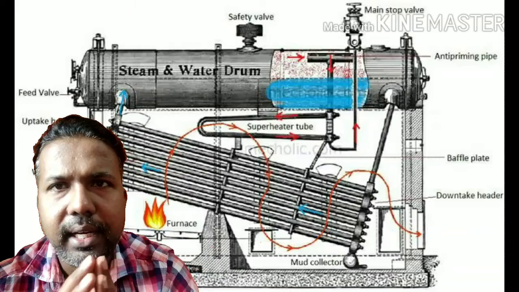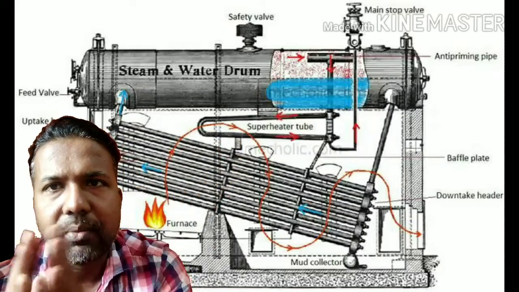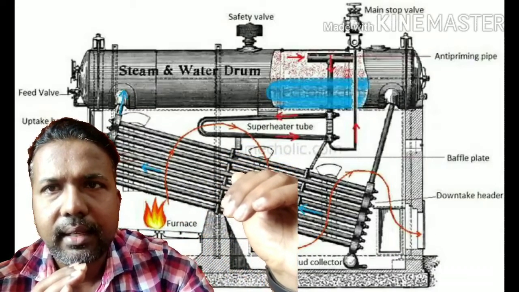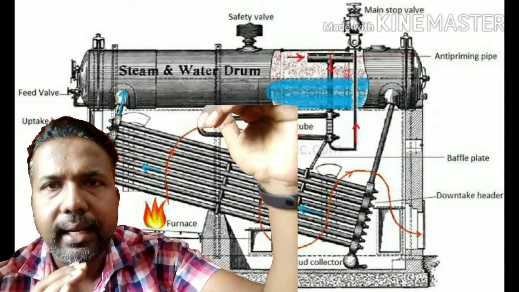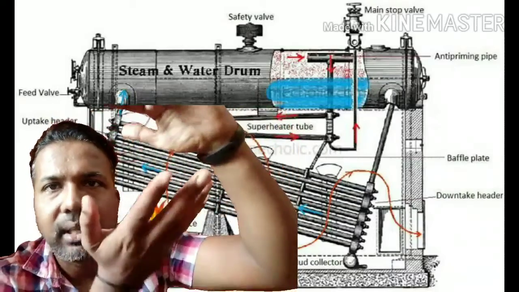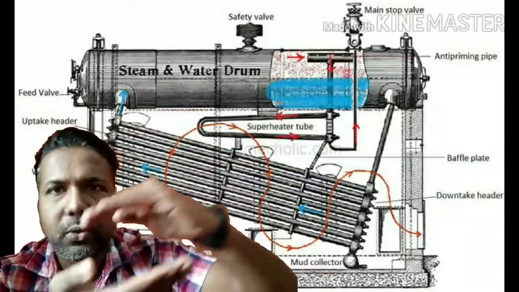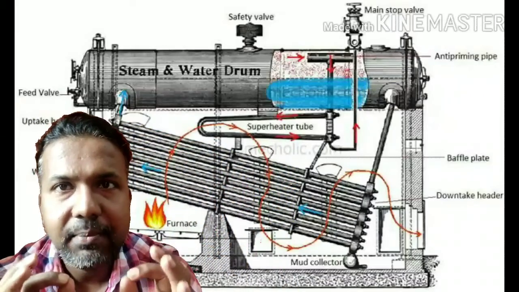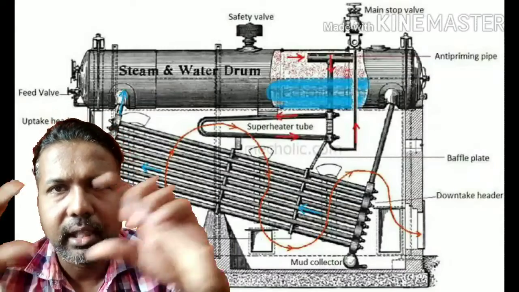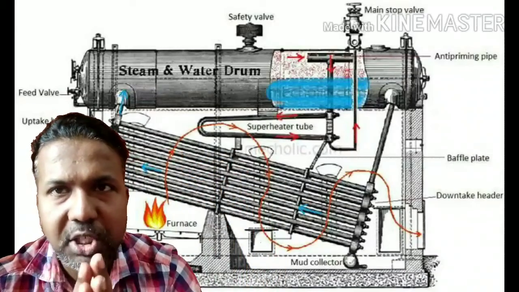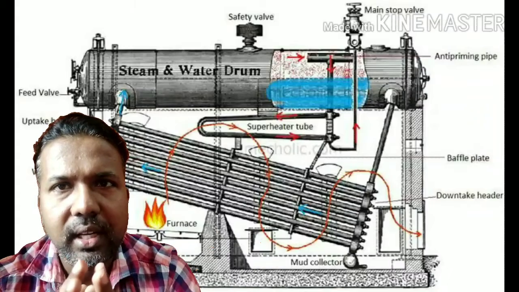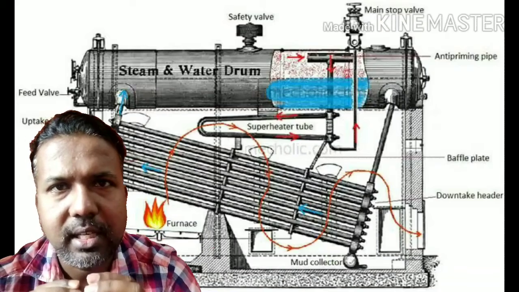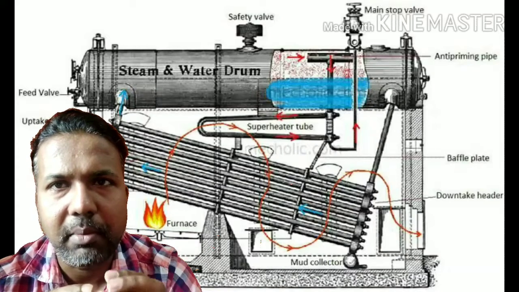The steam generated moves upward from the down header to the up header, and through the uptake it gets collected at the upside boiler drum. In the boiler drum there is space for steam, and in this space the steam gets deposited. An anti-priming pipe is provided in the boiler drum. The function of the anti-priming pipe is to filter the water content from the steam, so the moisture present in the steam is removed by this pipe.